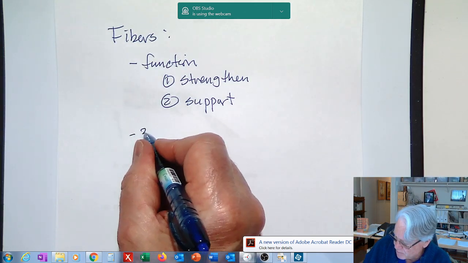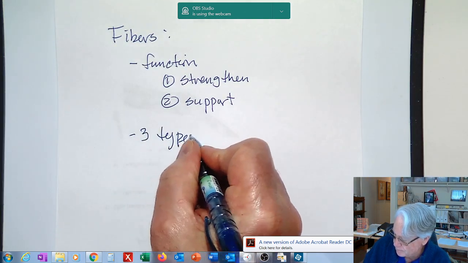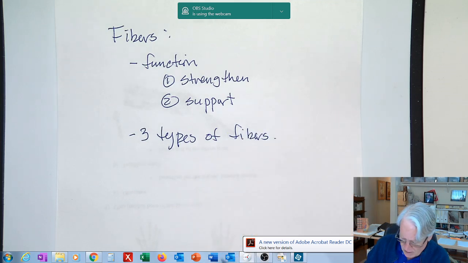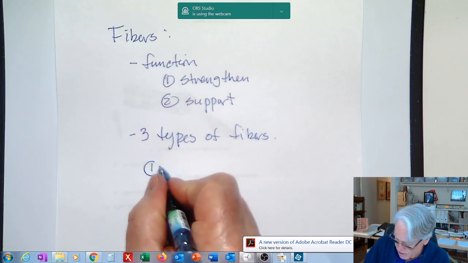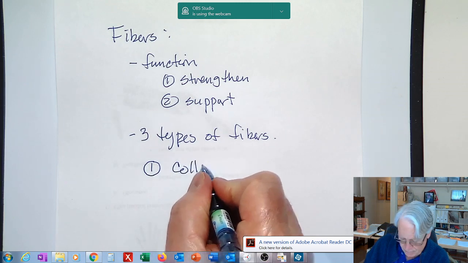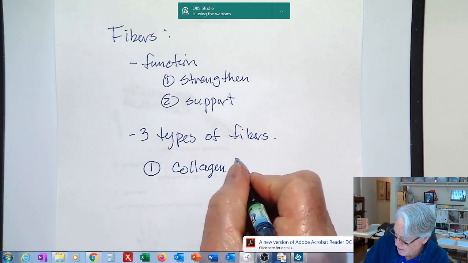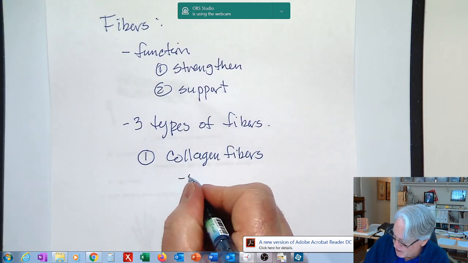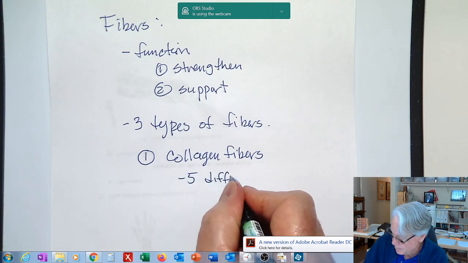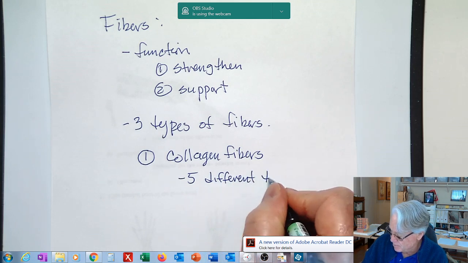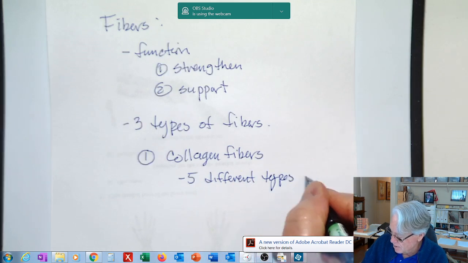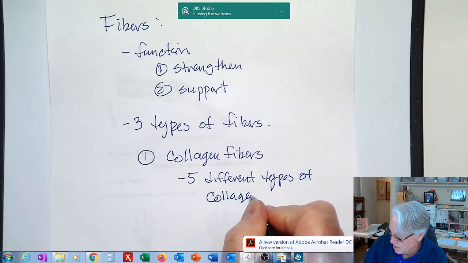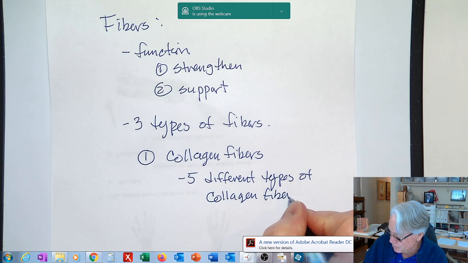So there are three types of fibers. And the first one is collagen fibers. And there are actually 5 different types of collagen fibers, and they're numbered 1 through 5 using Roman numerals.